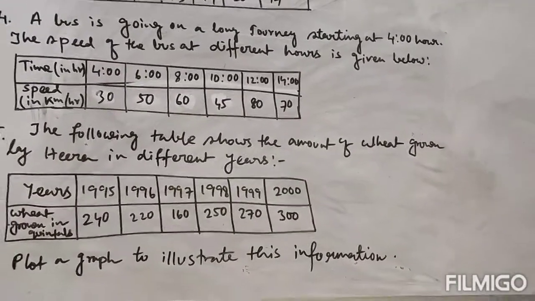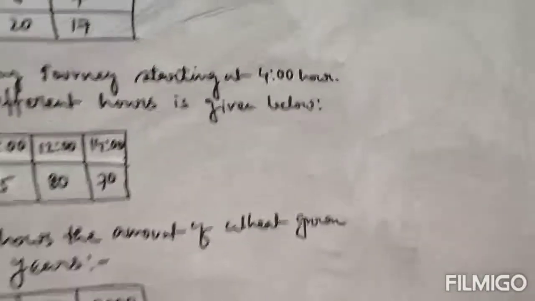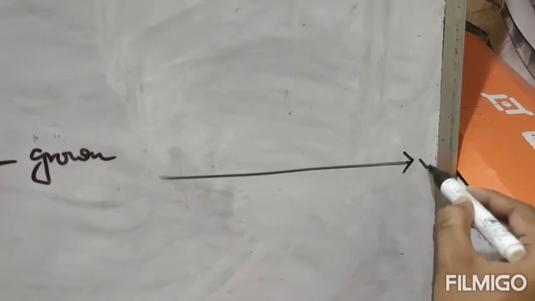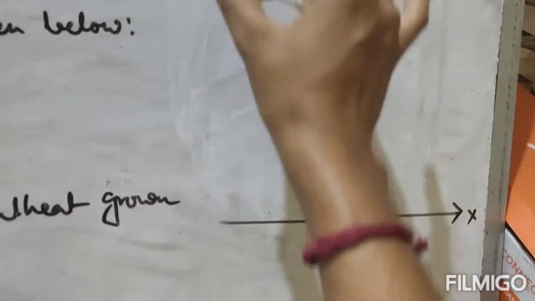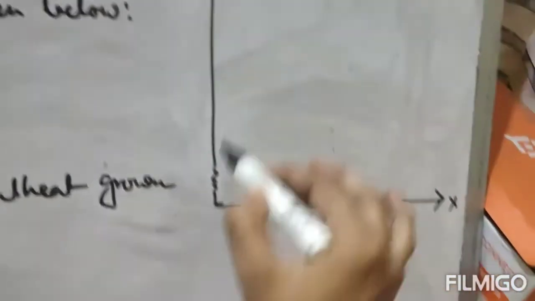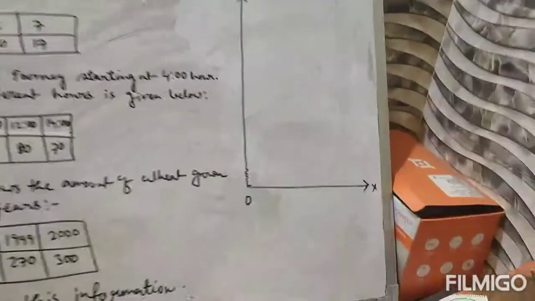So we will plot this data along the x-axis and y-axis. First draw the x-axis and then the y-axis, and this is the origin. Clear?